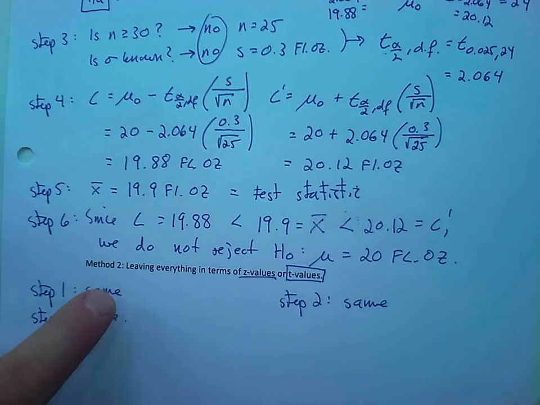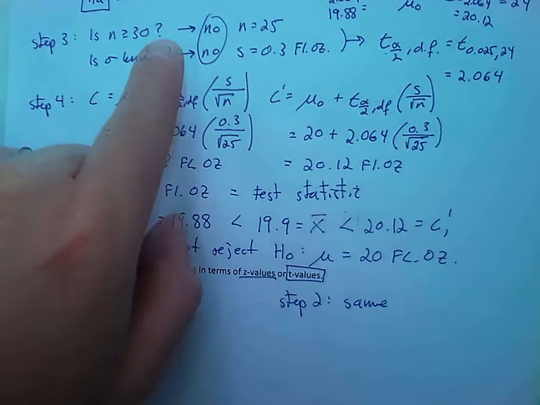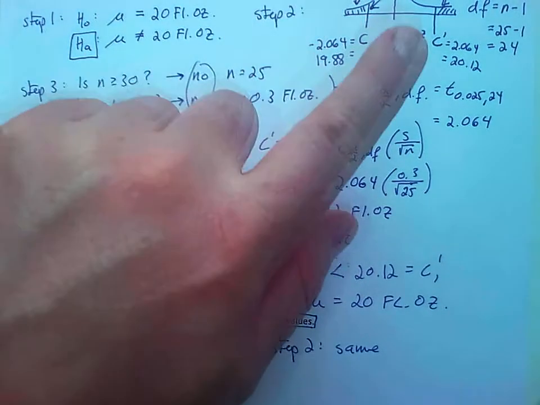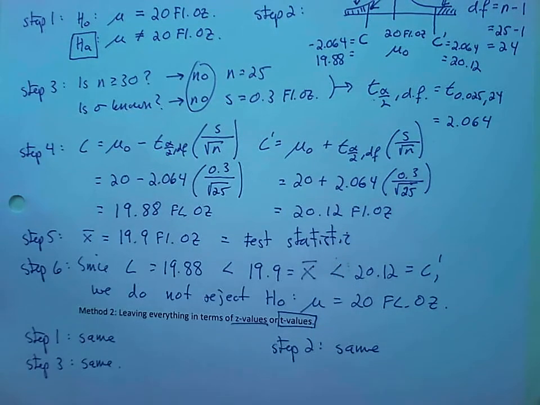You should be going through these steps that we did up here. And if you do method number 1 after that, then for method number 1, you can write down same.